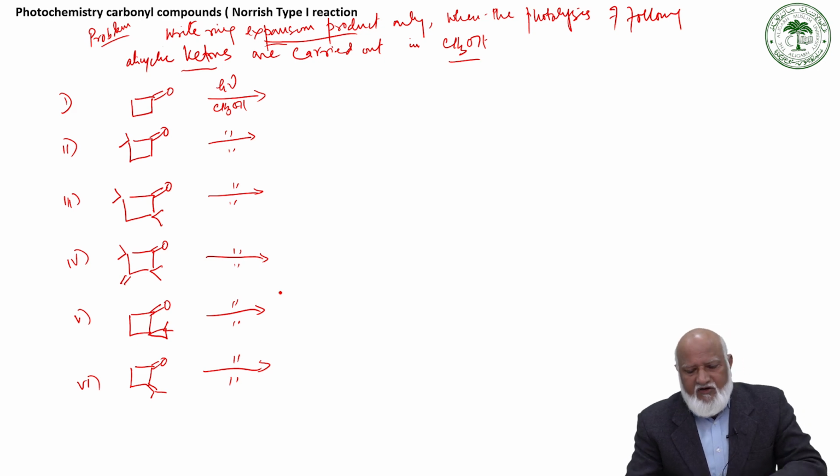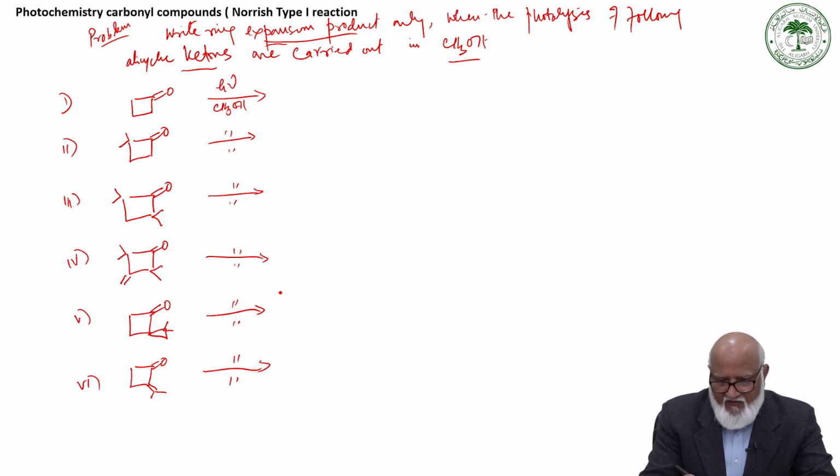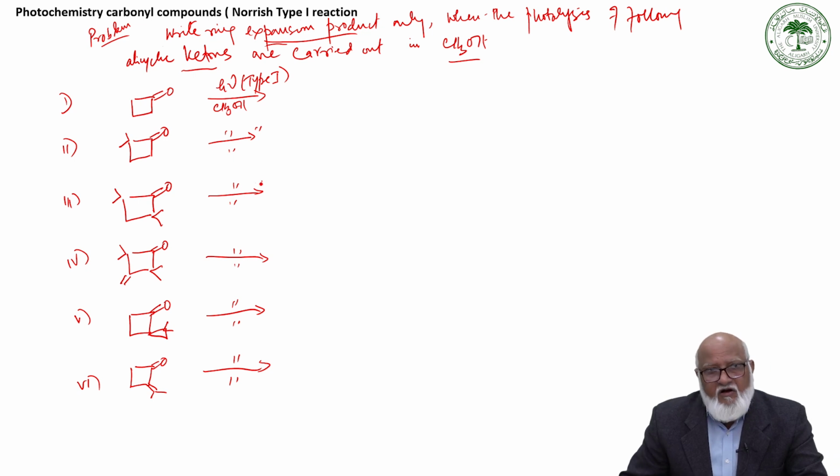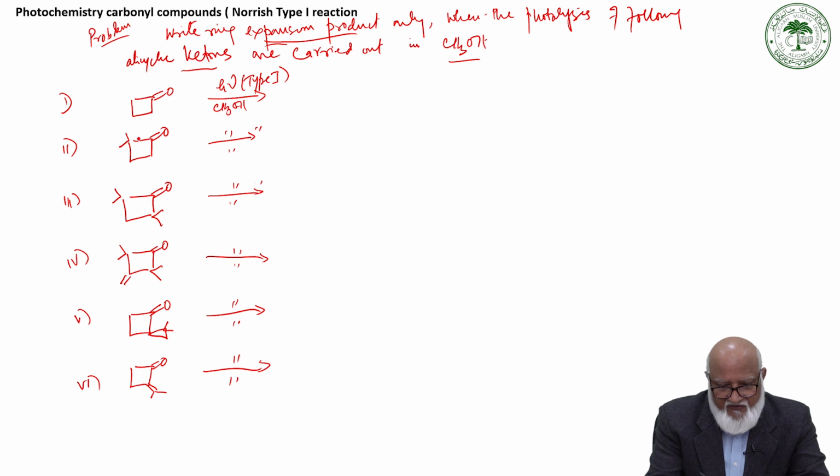All of these will undergo type 1 reaction, because these are all alicyclic ketones. And if the alpha carbon is substituted, say for example this alpha carbon is substituted, this is alpha also, both are substituted, this is also substituted.